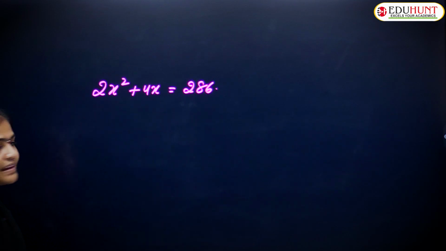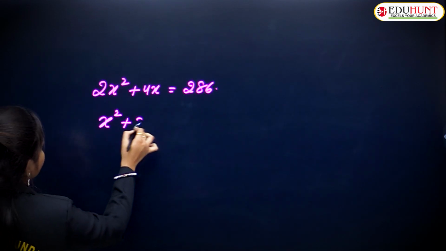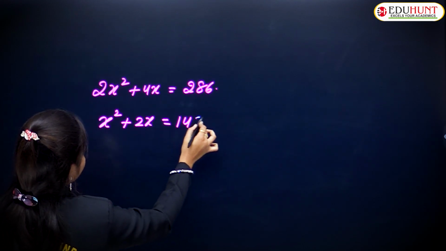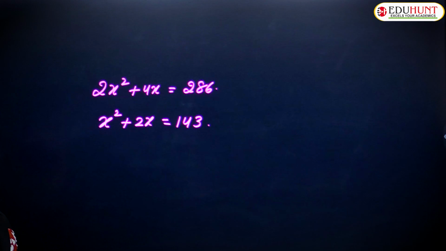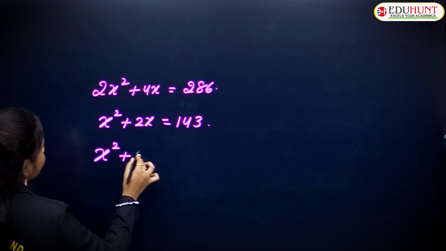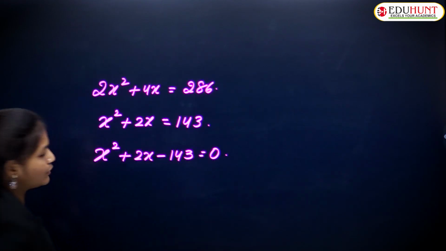So from this one take 2 as common: x square plus 2x is equal to 143. So we can write this as x square plus 2x minus 143 is equal to 0.